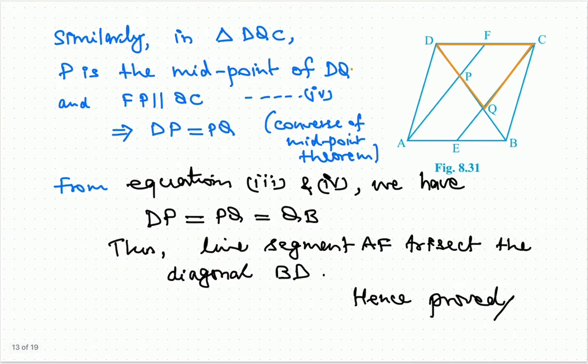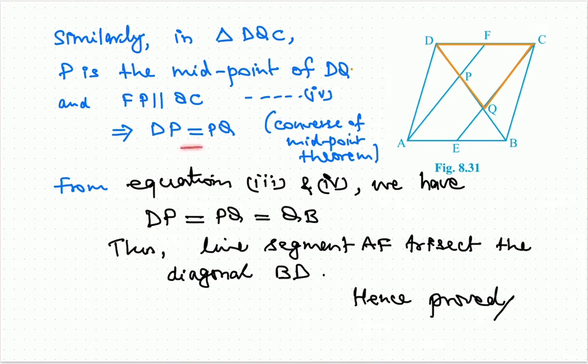Firstly we took this triangle and proved that PQ is equal to QB. Now we'll take triangle DQC. In this, P is the midpoint of DQ, and FP is parallel to QC.